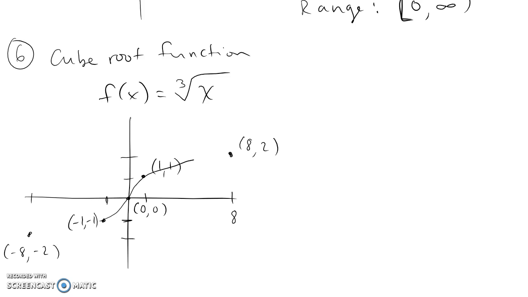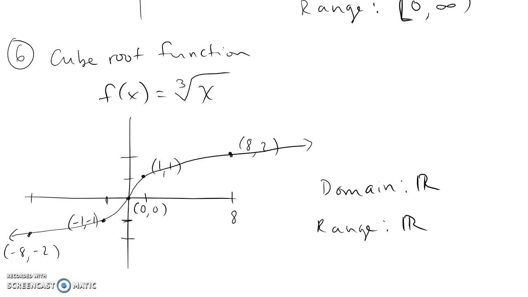So our graph ends up looking like this, almost like the square root function in quadrant 1, almost. But we also get this other piece in quadrant 3. So again, this is an odd function and it has symmetry with respect to the origin. Its domain is all real numbers and its range is all real numbers.